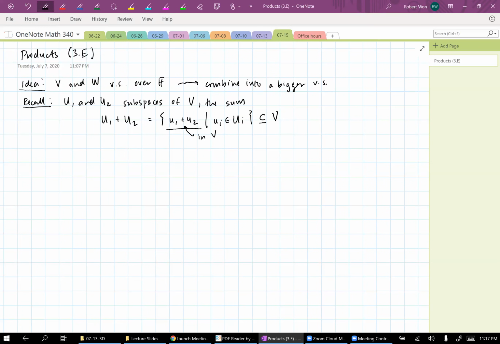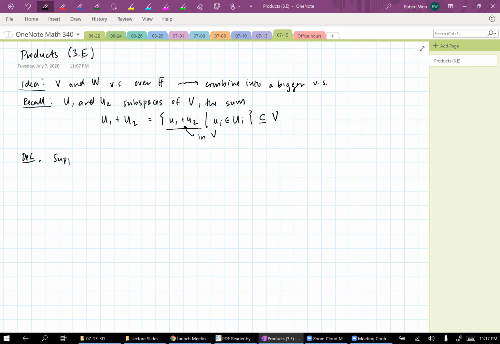I have a vector space V and a vector space W. There's no relation between them. There's no way I can define a sum like this, because I don't know what it means to add something from V to something from W, because they don't live in a common vector space. Okay, so this is some notion of combining two vector spaces, but it's different than what we'll cover today.